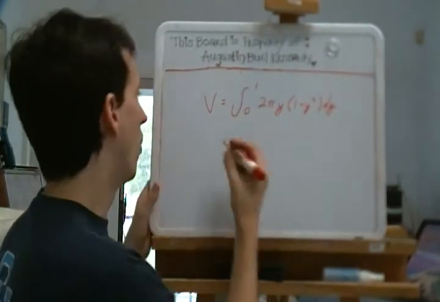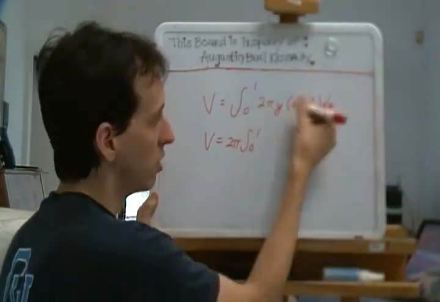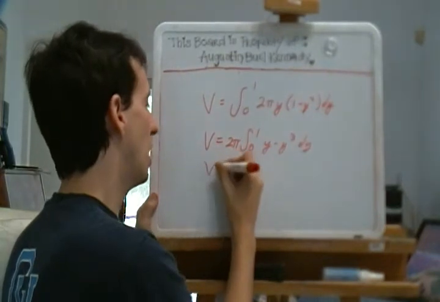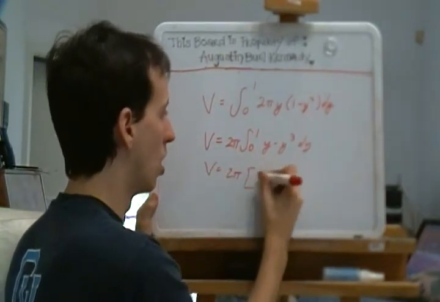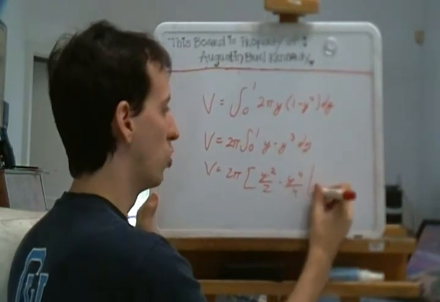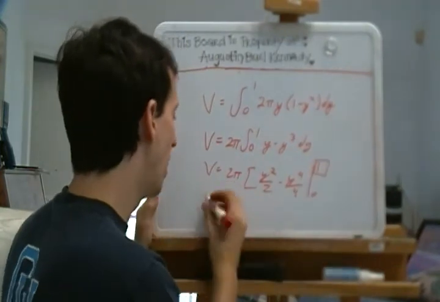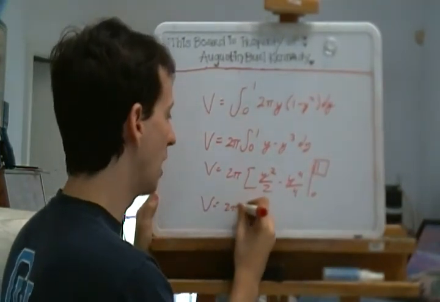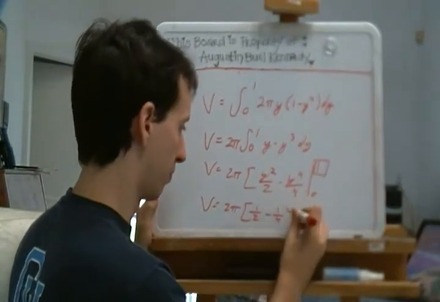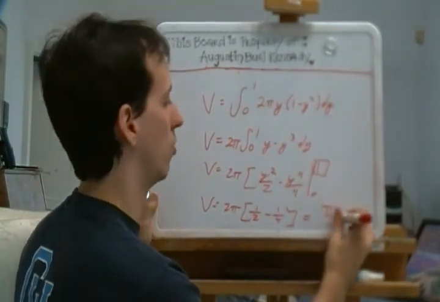We can solve this very quickly. 2 pi, 0 to 1, distribute the y through, y minus y cubed dy. V equals 2 pi times y squared over 2 minus y to the 4th over 4, between 0 and 1. We know 0 isn't going to equal anything, so we just look at the 1. We have V equals 2 pi times a half minus a 4th, which is going to give us pi over 2.